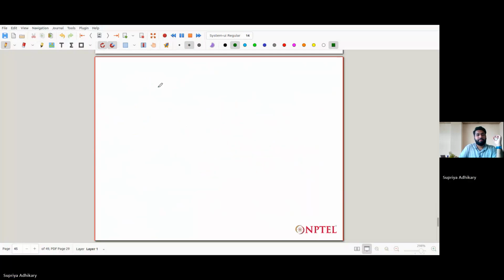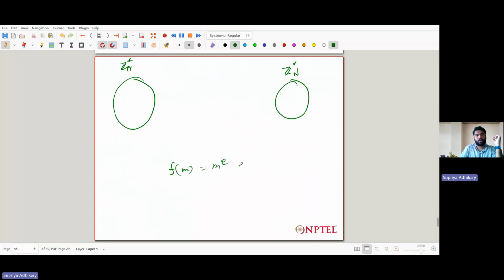Now, from Zn star to Zn star, consider the function f of M as M to the E mod n. This is the RSA one-way function. So if this is our f, then this function is a one-way function.